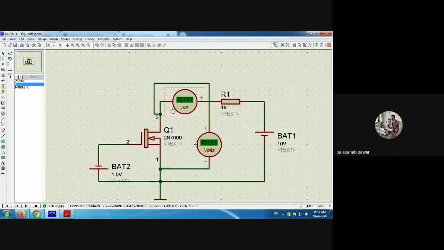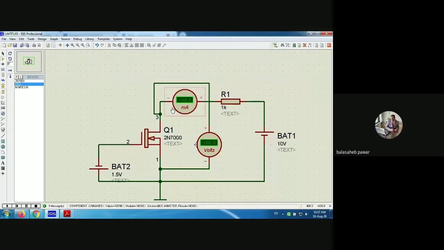If it is BJT, then during your study you might have learned BJT is a current controlling device. Input current controls the output current. So for BJT, the output characteristic is the characteristic between output voltage and output current by keeping input current constant.